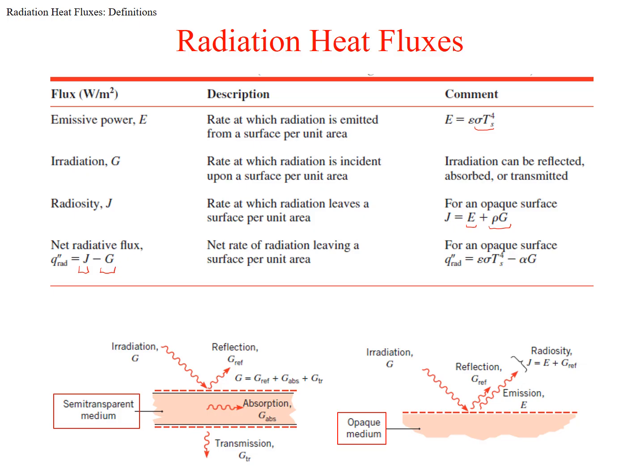And for the case of opaque surfaces, your irradiation was given to you in the third row, so you could write your radiosity as E plus rho G. So for the opaque surface, it would be E plus rho G, using this relation.